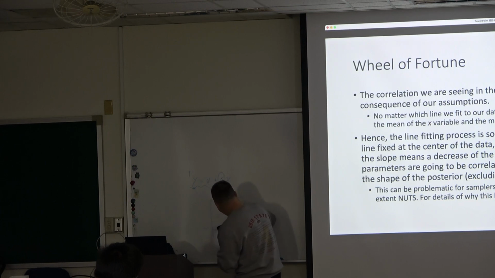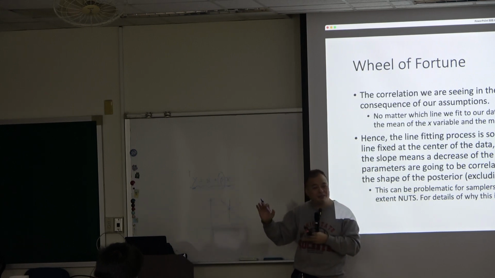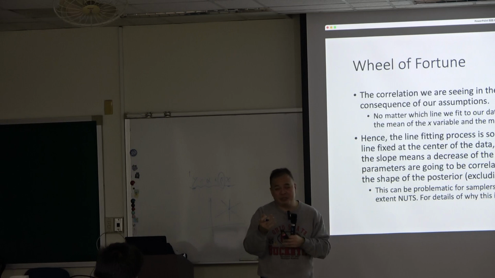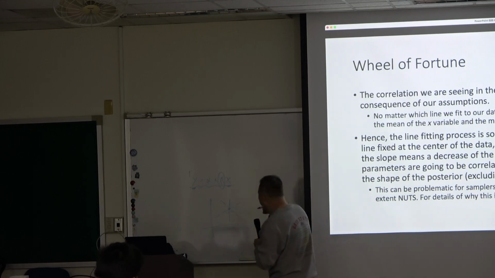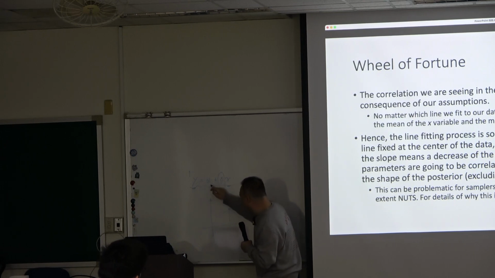The line can change direction, but it must pass the mean of x and mean of y. Because it has to pass this same point, if you increase alpha, you reduce beta. If you reduce alpha, you increase beta.